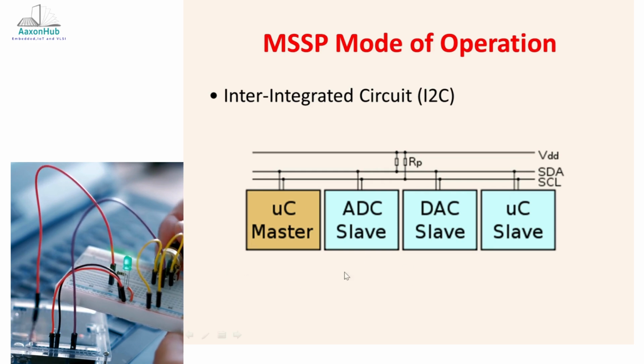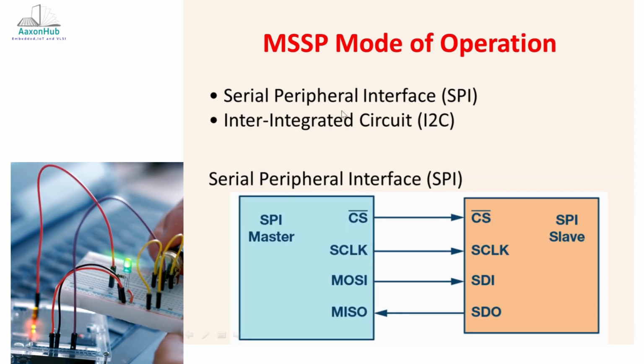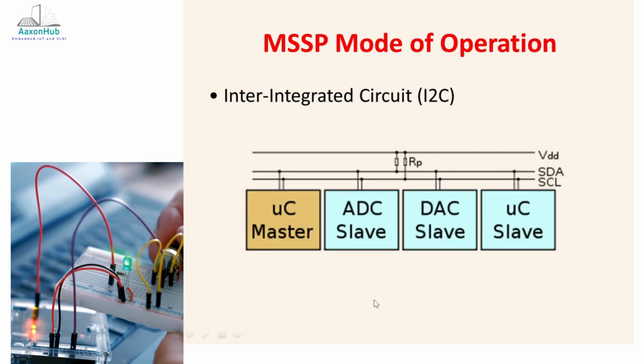So the major difference between SPI and I2C communication is that I2C can provide multiple slave configuration, whereas for SPI mode there is a configuration of master and slave over 4 wires, and in I2C only 2 signals are required for communication.